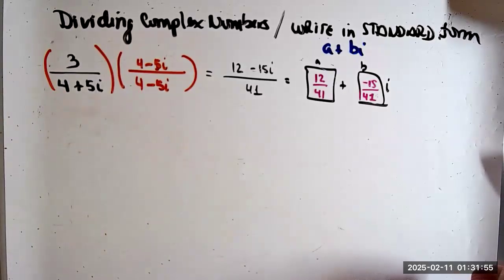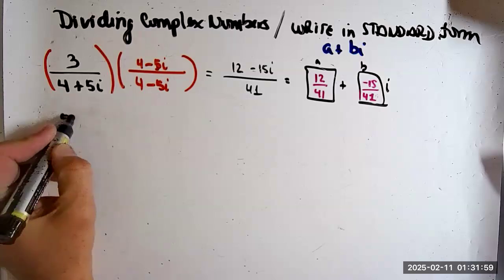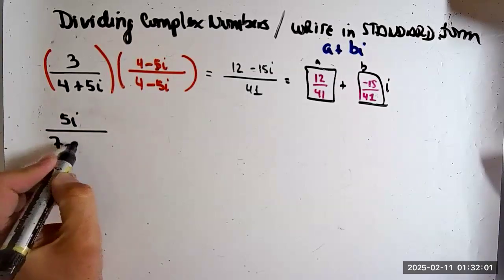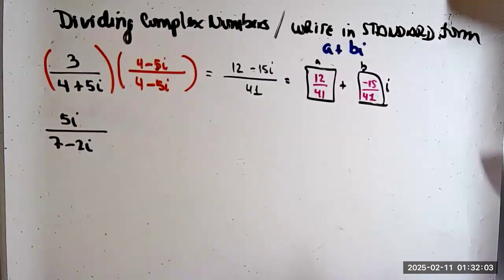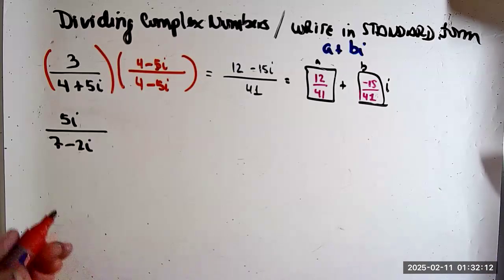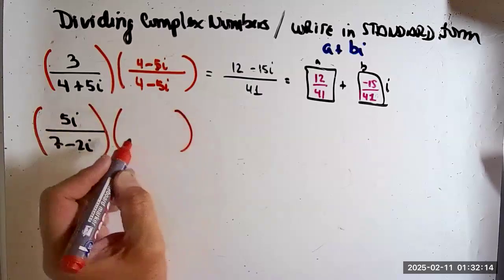Yeah, let's try another one. If I have 5i over 7 minus 2i. If I want to get rid of the i from the denominator, conjugate to the rescue.